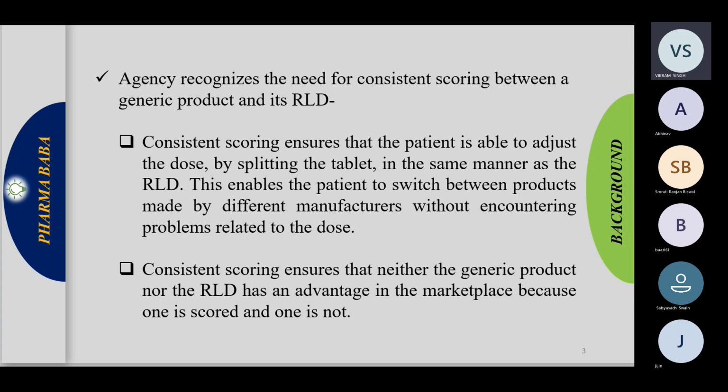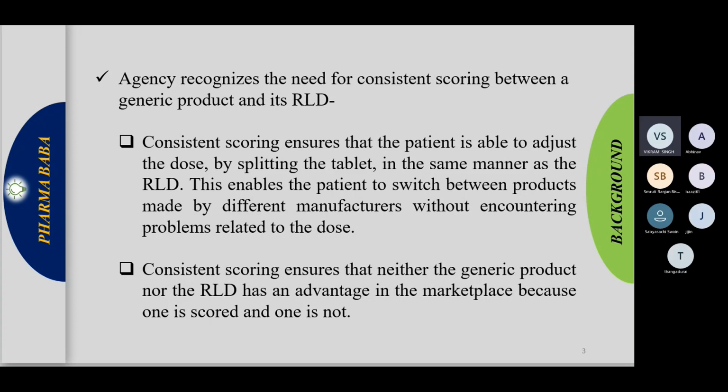Because what we are doing as a generic manufacturer is providing a cost-effective alternative option to the patient so that they can take the generic product at affordable prices. And while providing that, we are ensuring there will be no compromise in the therapeutic benefit. We are giving the same therapeutic benefit as given by the reference product, and we are asking for less price.